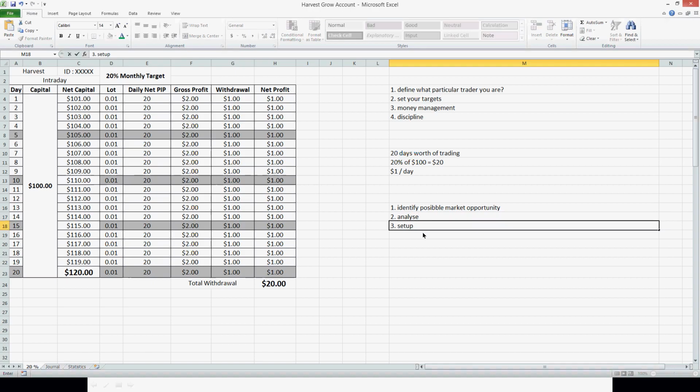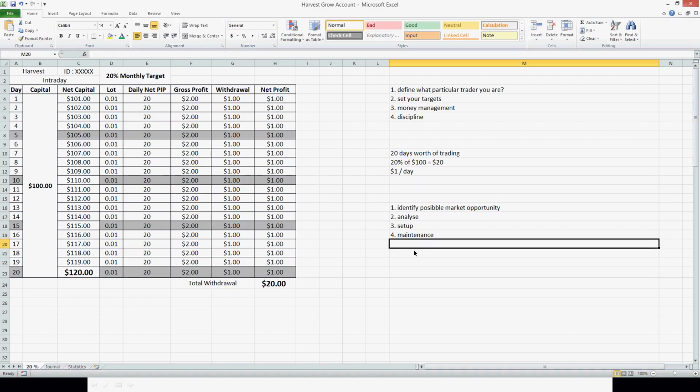The third one is you have to set yourself up for the entry. And during the entry, you have to do the maintenance. Maintenance meaning you have to set your targets up. You have to set where your cut loss is, where your stop loss is, where you should lock your profit. So that's the maintenance part of it.